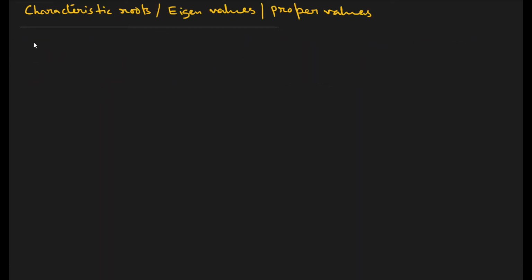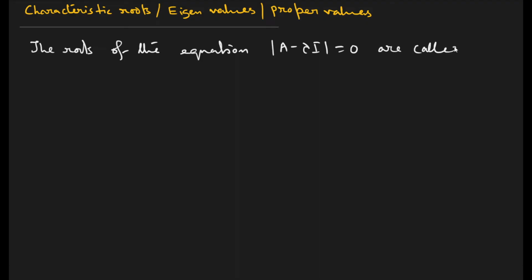The roots of the equation determinant of A minus lambda I equals 0 are called characteristic roots or eigenvalues.